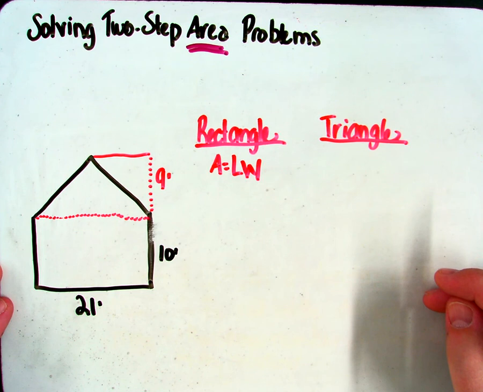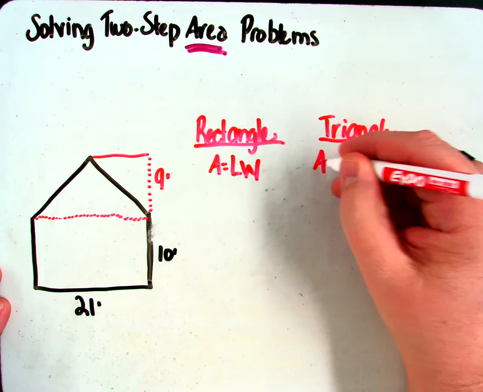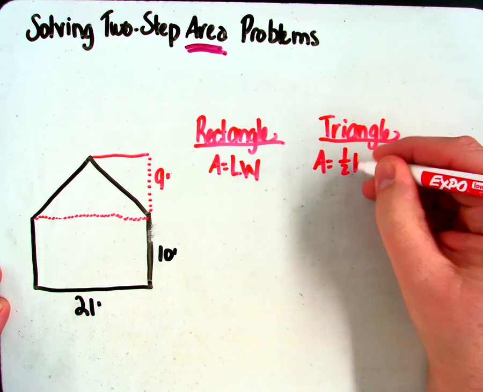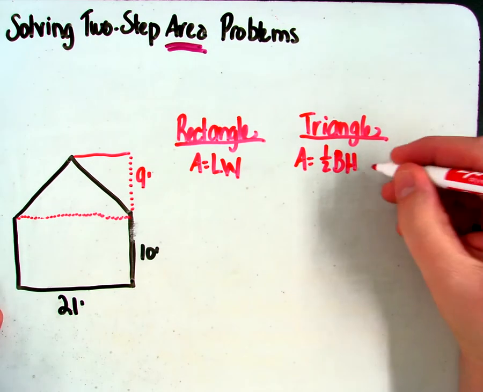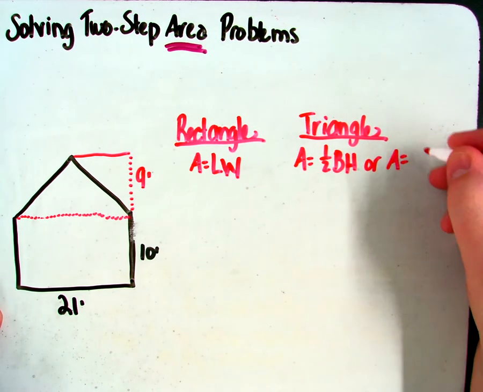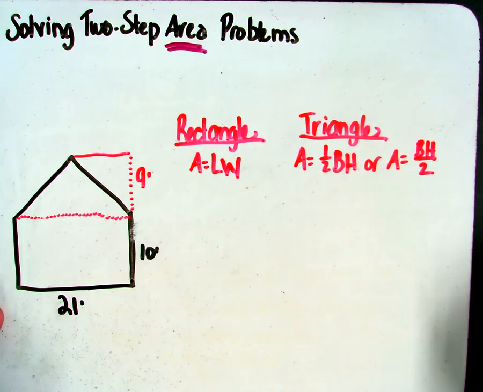Well, we mentioned that there were two different formulas that you could use. One, you could say 1/2 times the base times the height, or you could say base times the height divided by 2. Whatever you're most comfortable with, you can use that to compute the area of a triangle.